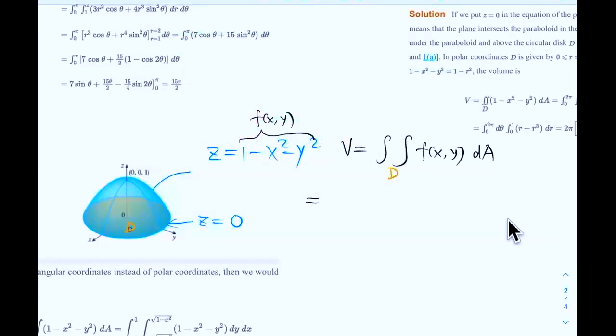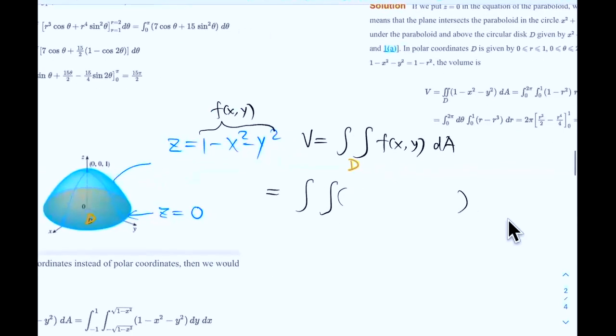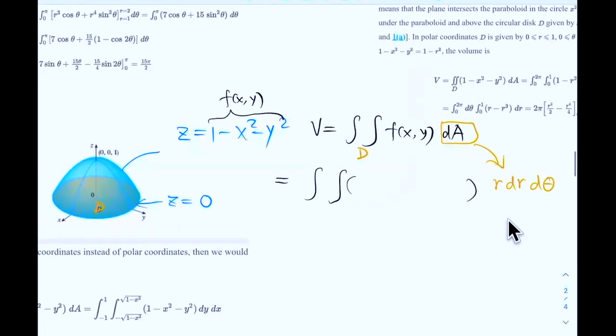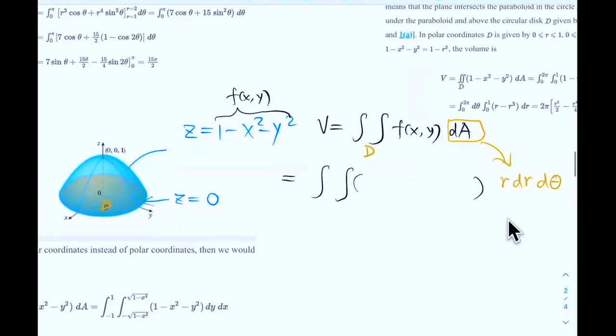And now let's change this into polar coordinates. What do you change the dA here with? R dr d theta, right? And now you want to express this function in r and theta.